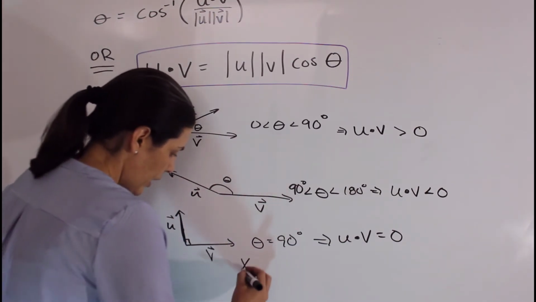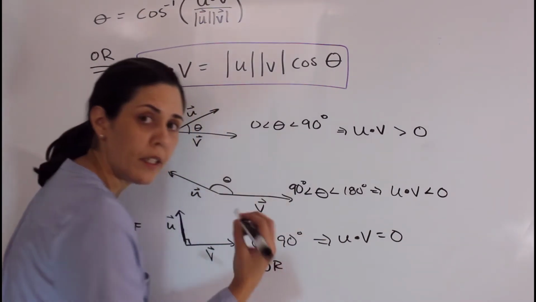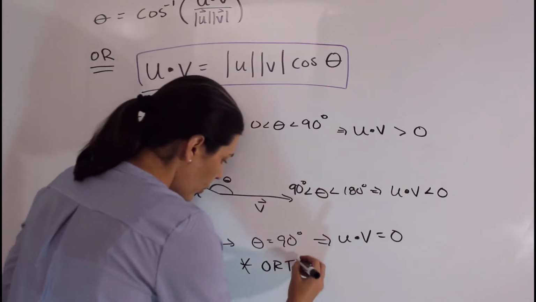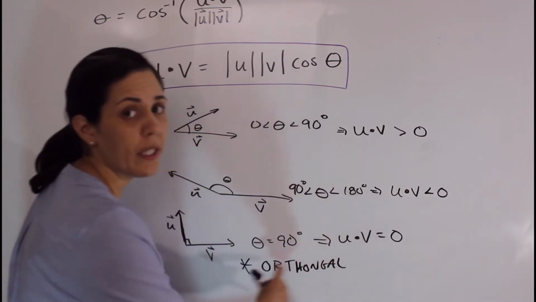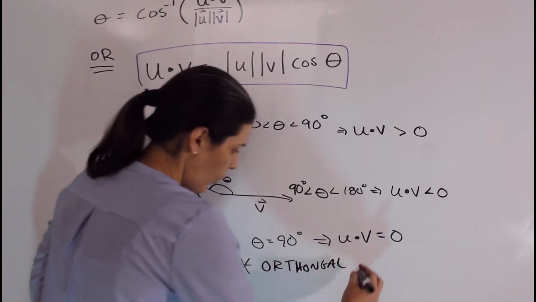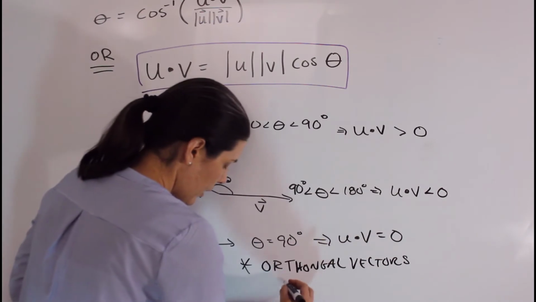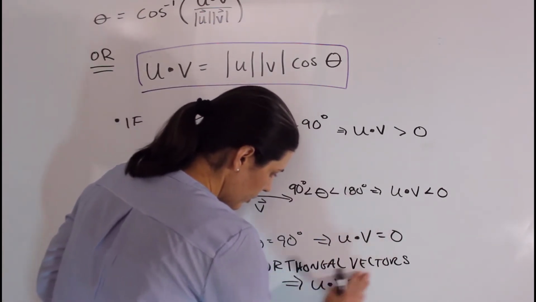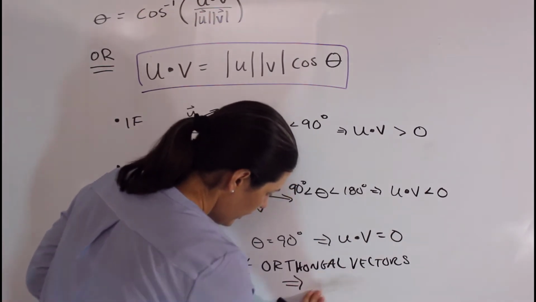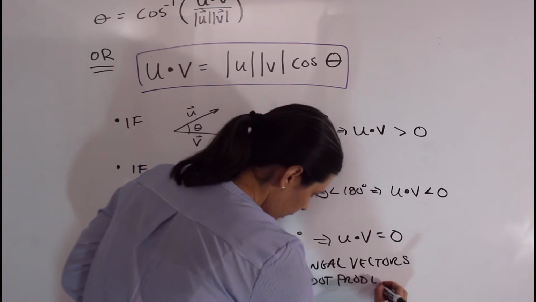Let's put this as a fact over here. Orthogonal, which is another word for perpendicular. If you want to put perpendicular next to this, so you know, orthogonal vectors imply that their dot product is 0. We'll put it in words: dot product equals 0.